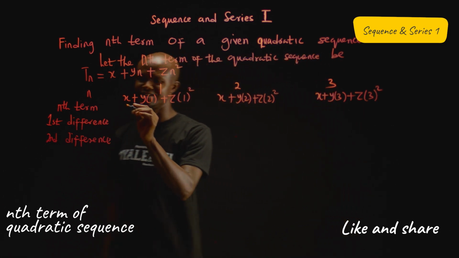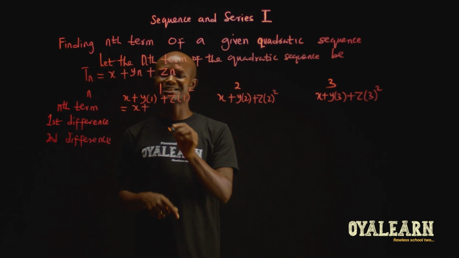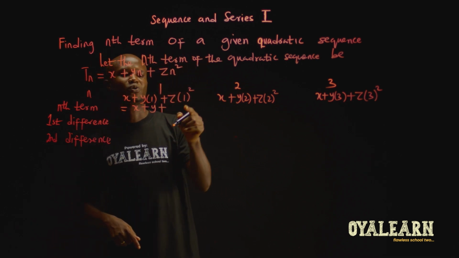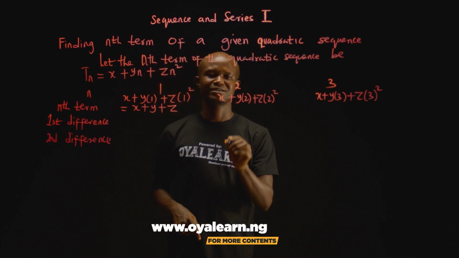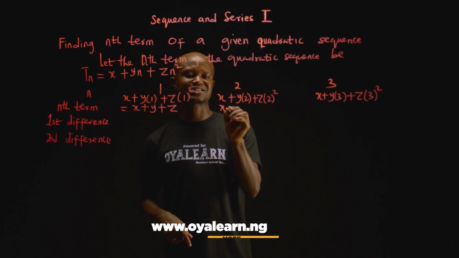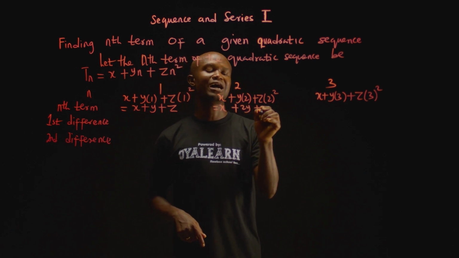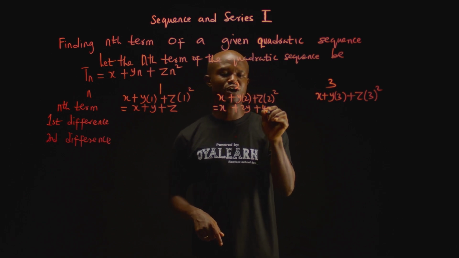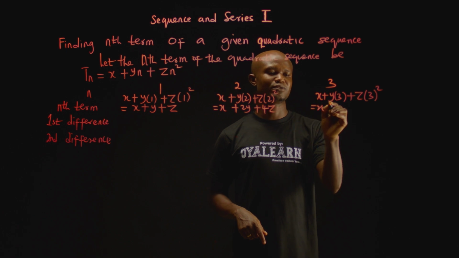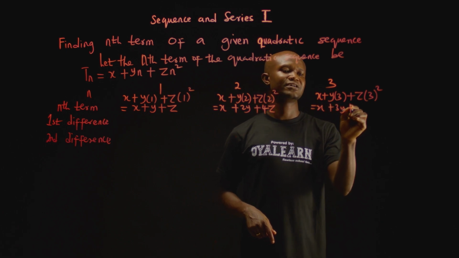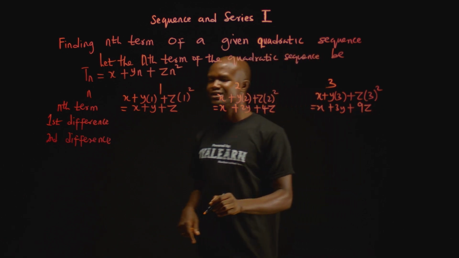Simplifying, x plus y times 1 is y, 1 squared is 1, so 1 times z is z. For the next, we have x plus 2y, and 2 squared is 4, plus 4z. And here we have x plus 3y, 3 squared is 9, plus 9z.